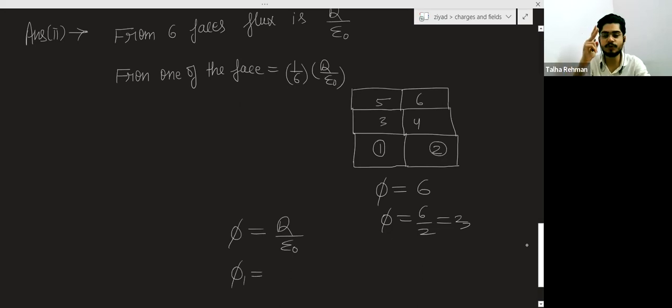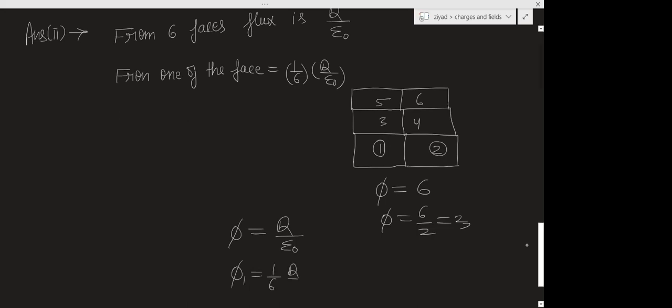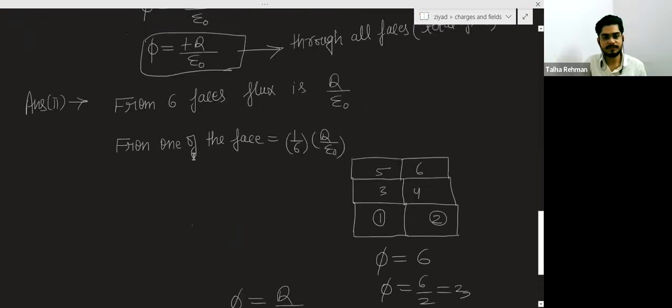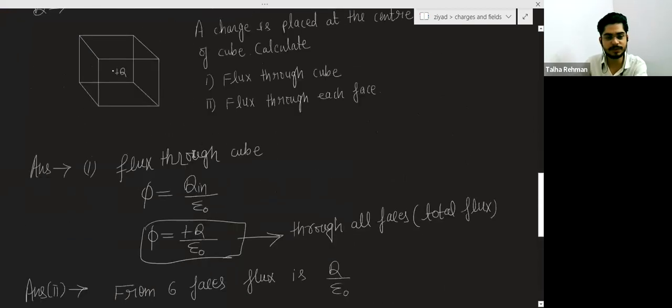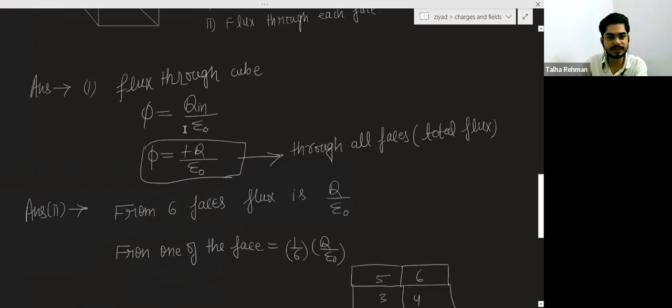That time you had 2 faces, then you divided it by 2. Now you are having 6 faces, you will divide it by 6. 1 by 6. So this is our answer for this question. This is a very easy question. Now moving to the next question.